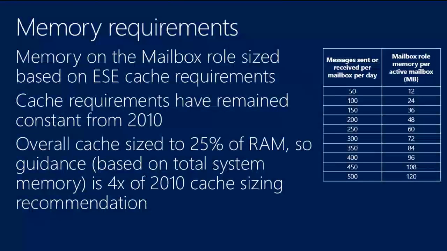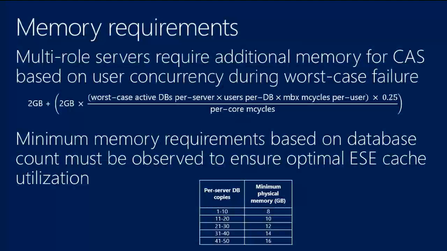There is an addition for the CAS 2013 set of components that are sort of a net new addition in this release. We'll talk through that in just a second, like now. So if we have a multi-role server, we do need to think about memory for those CAS components. And I'm going to mention CPU sizing for CAS in a few minutes.